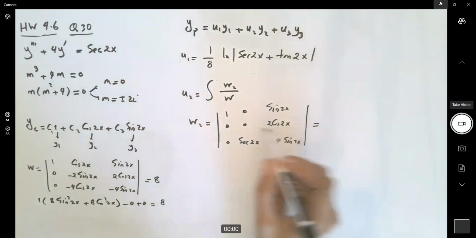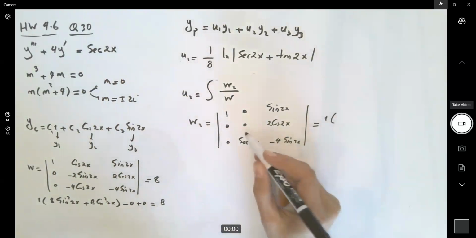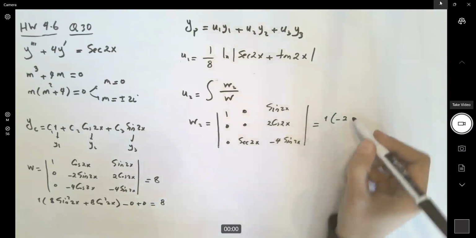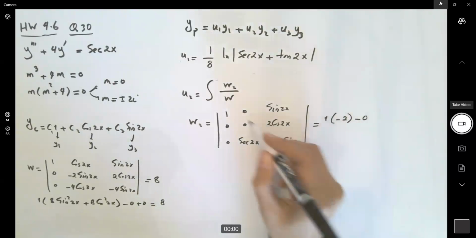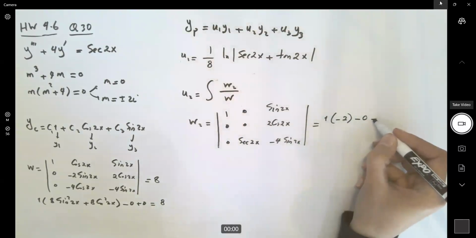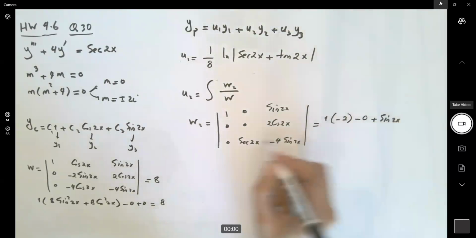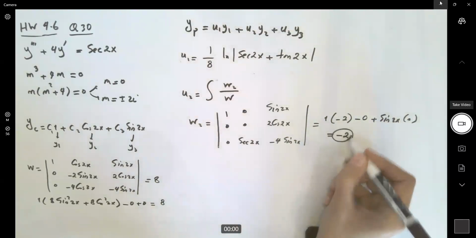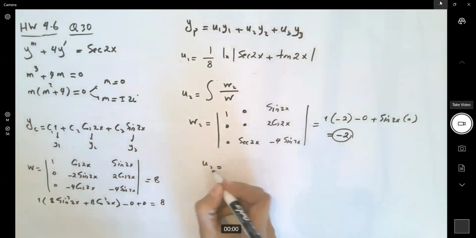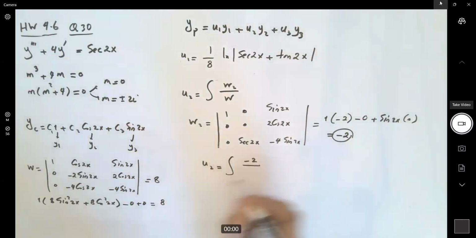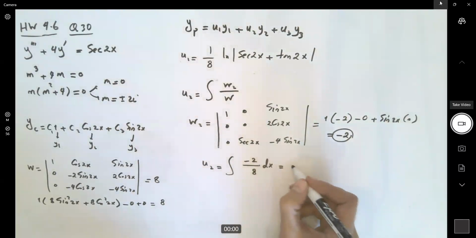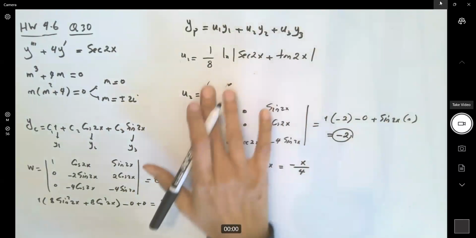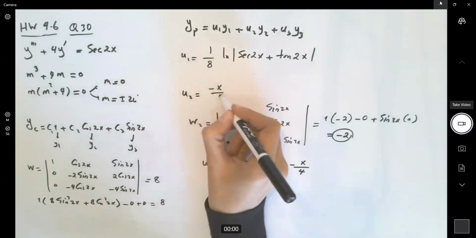This becomes 1 times 0 minus 2 cosine 2x times secant 2x, which is just 1, minus 0, the rest of them are 0, plus sine 2x times something that is just 0. So it is negative 2. So u2 becomes the integral of negative 2 over 8 dx, which is negative x over 4. We found u2, which is negative x over 4.